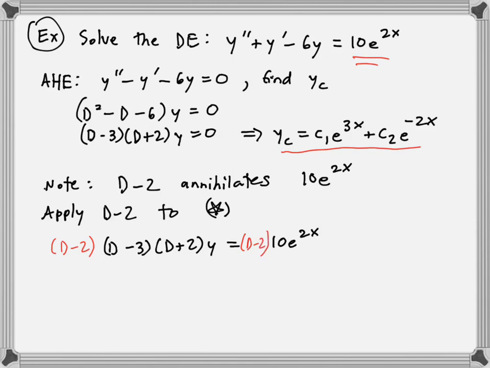And I do that because that's going to annihilate the right side. So that gives me a 0 there. And now I'm left with d minus 2, d minus 3, d plus 2, y is equal to 0.